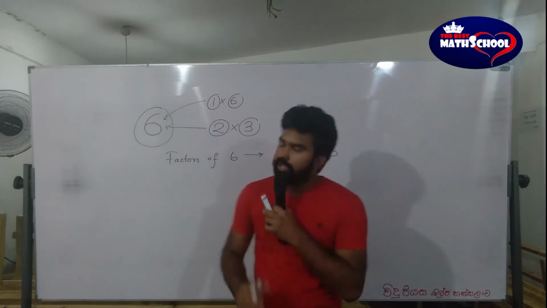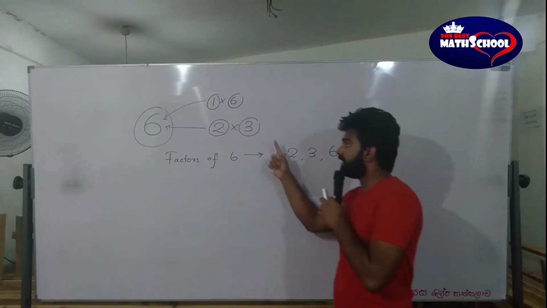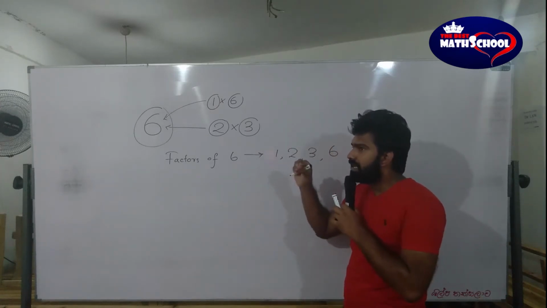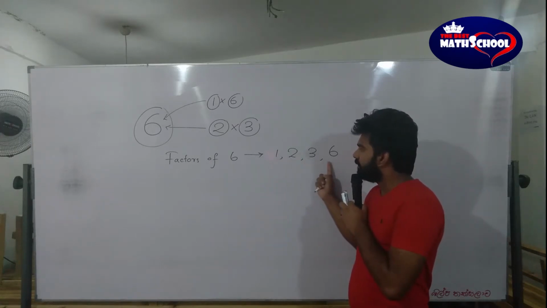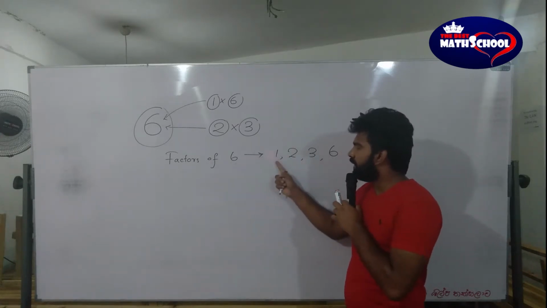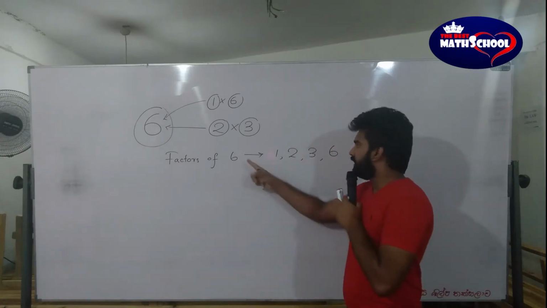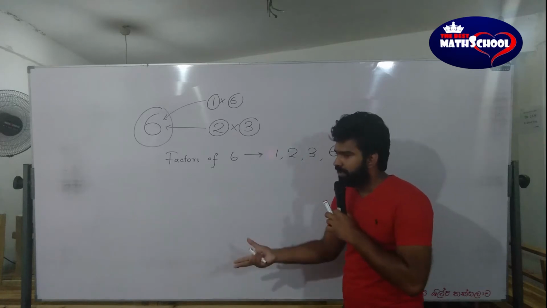That's all. Got it? So this means if it is a factor of 6, it means 6 can be nicely divided by these numbers. So we can divide 6 by 1, the answer will be 6 and no remains. If we divide 6 by 2, it will be 3 and no remaining.